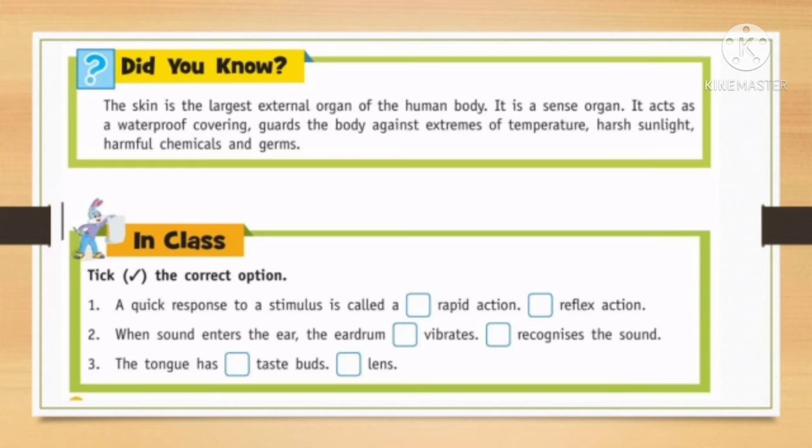So it is obvious that the taste buds are present on the tongue. Now lens. Lenses are present in the eyes of the human being. They are the reason we can see things clearly. So my dear class, I hope it is clear to you.